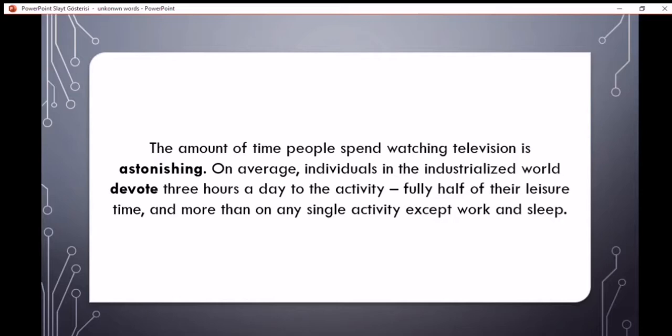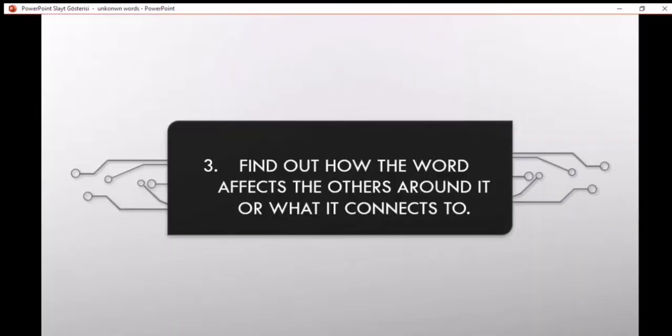And because we understand it, because the amount of time is astonishing. And on average, individuals in the industrialized world devote 3 hours a day. It's an action, it's a verb, because it comes after individuals. On average, individuals devote 3 hours.